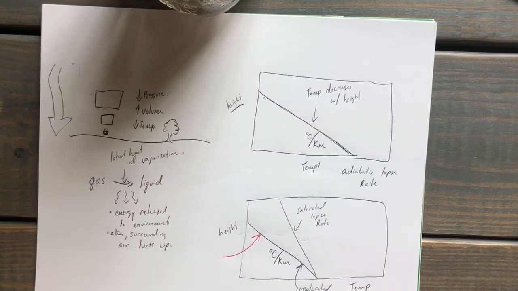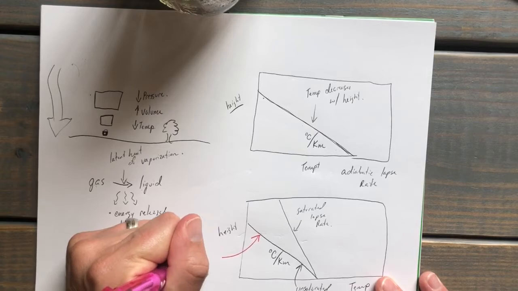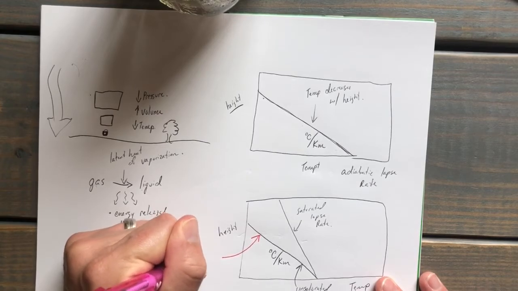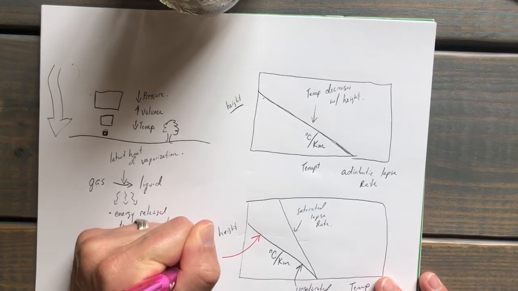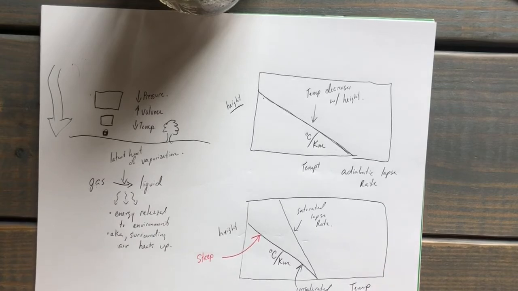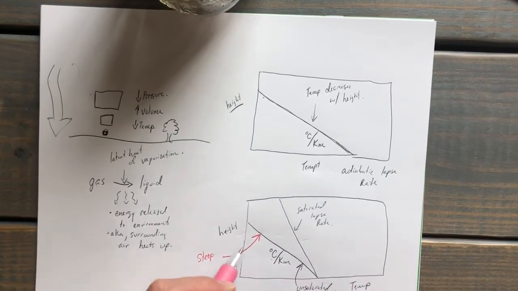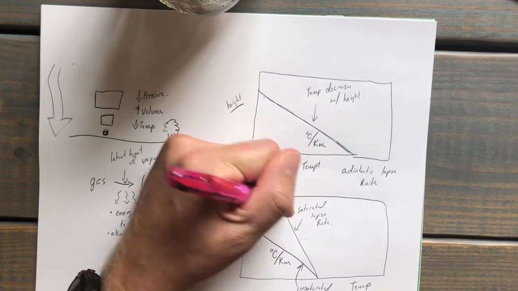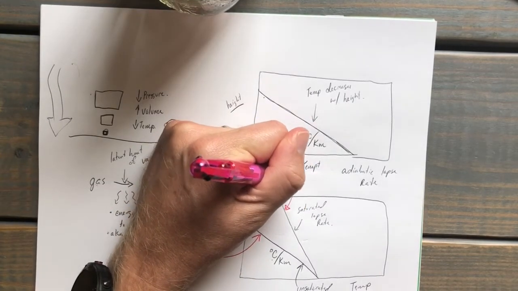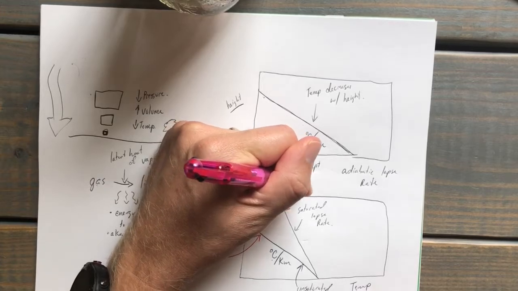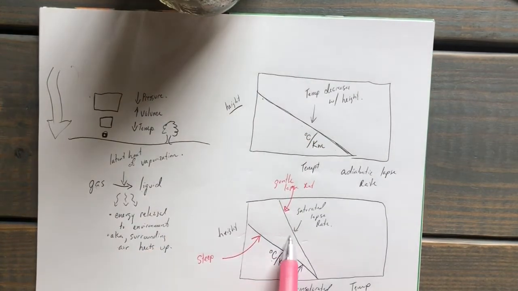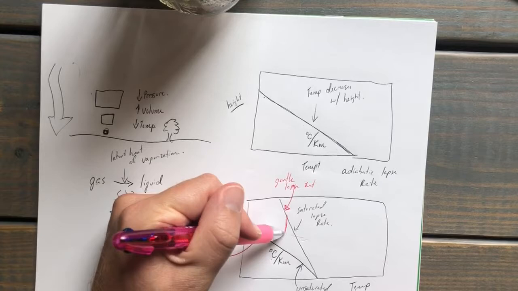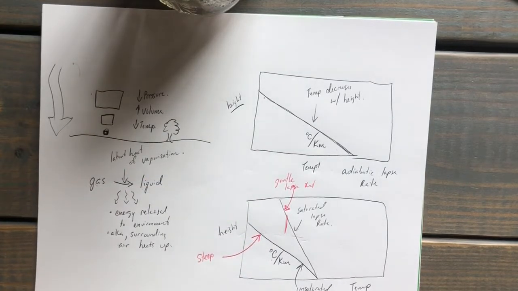Even though on the graph it looks shallower, this is actually referred to as a steep lapse rate, because there's a lot of change in temperature versus height, and this is a gentle lapse rate because there's very little change in temperature with respect to height.